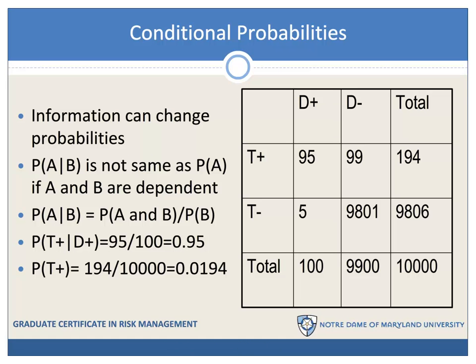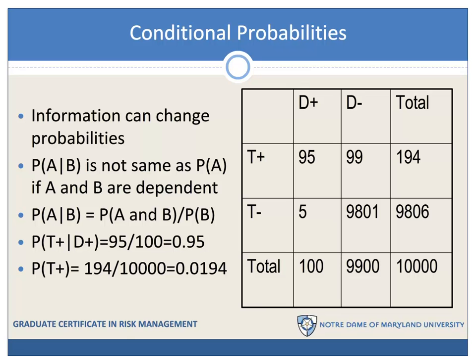Let's go back to our convenient and familiar table, and we're going to consider this conditional probability. Keep in mind, information can change probabilities, and the probability of A given B is not the same as the probability of A if A and B are dependent on one another. The third bullet repeats the formula that we just looked at. And in the fourth bullet, we're going to calculate a conditional probability, but we're going to do it using the table, and then I'll explain how you would do it using the formula.